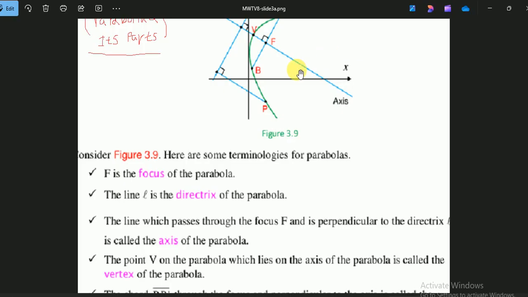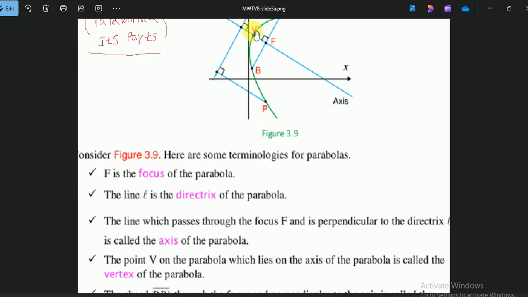Parabola is a curve that's formed as the locus of all points on a plane whose distance from a given line and a given point are the same. We take a fixed point, and we take a fixed line, and we consider all points whose distance from the line and the point are the same.